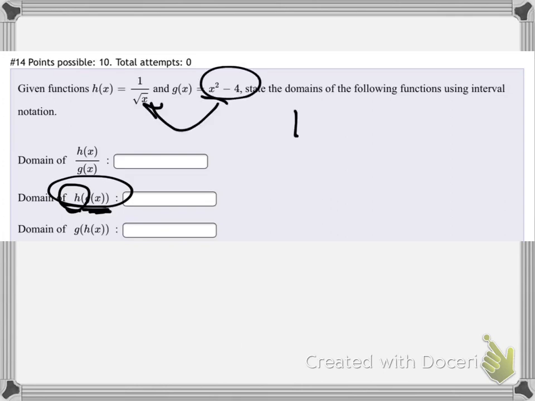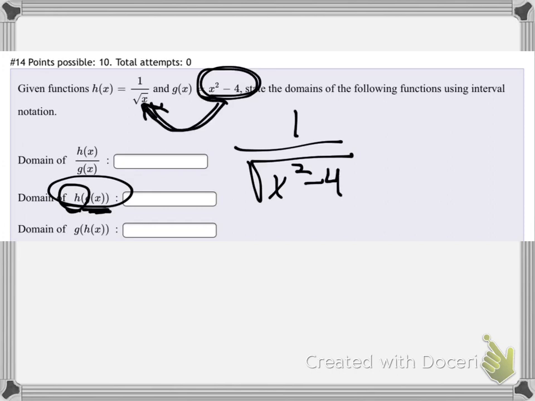That'll be 1 over the square root of, and it was x, but now we're plugging in the whole g function instead of just x. So that'll be x squared minus 4. That's the g function put into the h function, just as it's stated here.